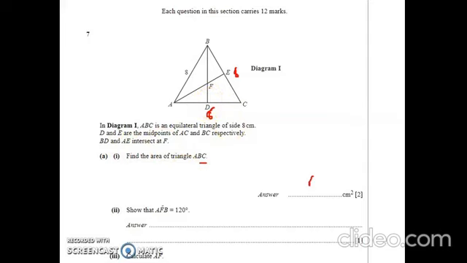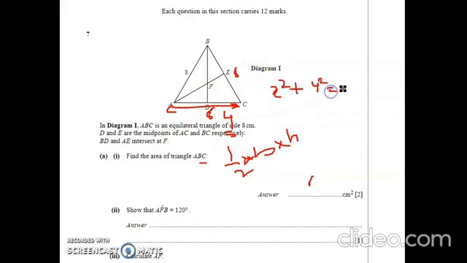Okay, so for area of ABC, easy, half base into height. My base is 8, and how will I find this height? I can easily apply Pythagoras theorem. If this is 8 and this is the midpoint, this will be 4. So x square plus 4 square equals 64. 64 minus 16 will give me 48.